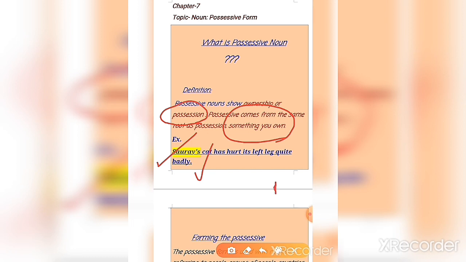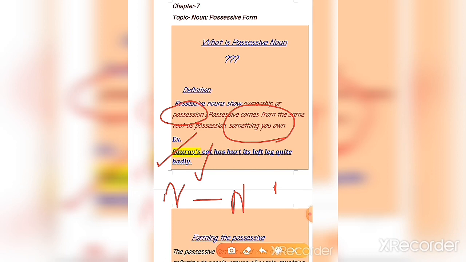So whose cat is that? It is the cat of Saurav, Saurav's cat. So there is a right, there is a possession of Saurav on the cat. Clear? That is why we can say that the word Saurav is a noun, and cat is also a noun. So how does one noun have a right to another noun?